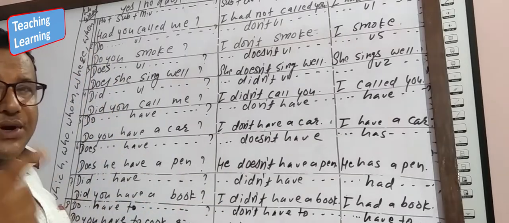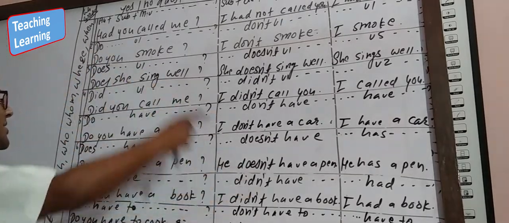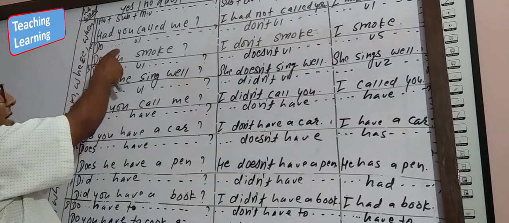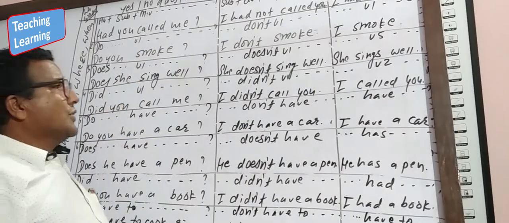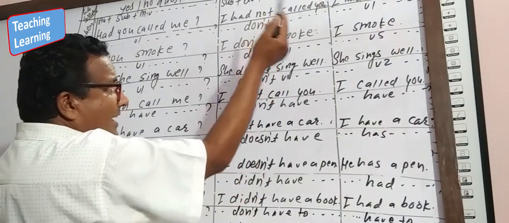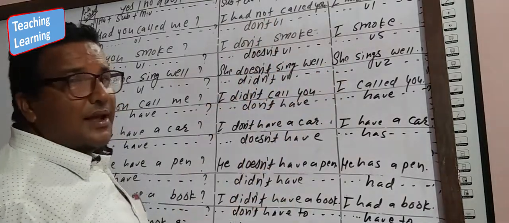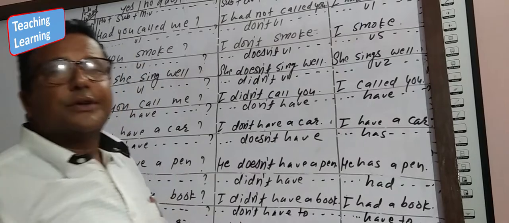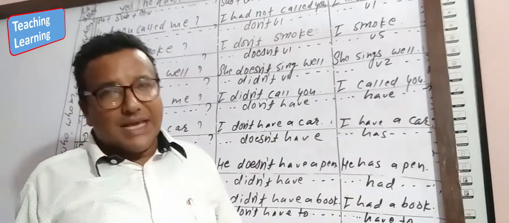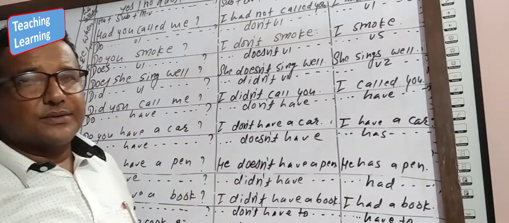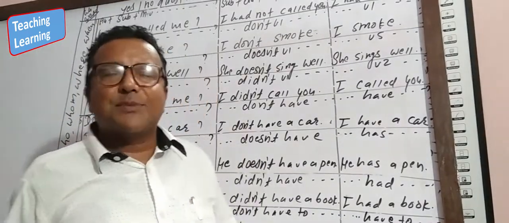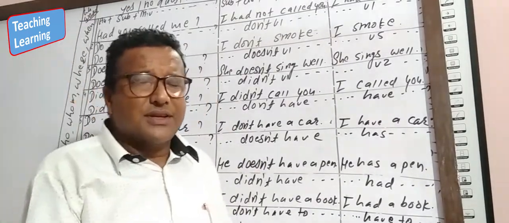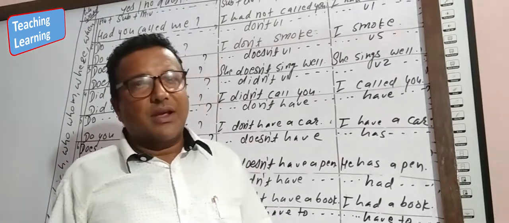If the yes/no question has been asked using do, subject and V1, then we have to use don't in a negative answer and V1 in the positive answer. Do you smoke? If you smoke, yes, I smoke. If you don't smoke, then you have to say, no, sorry, I don't smoke.